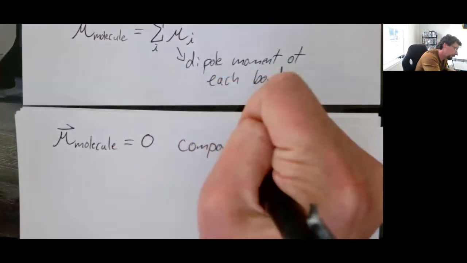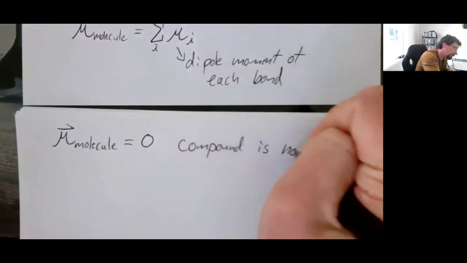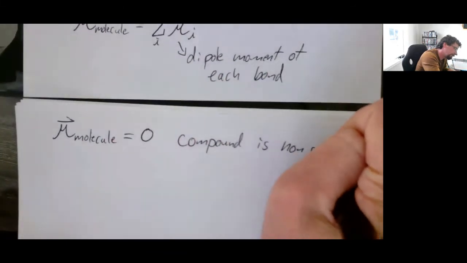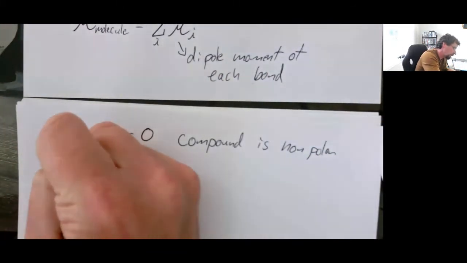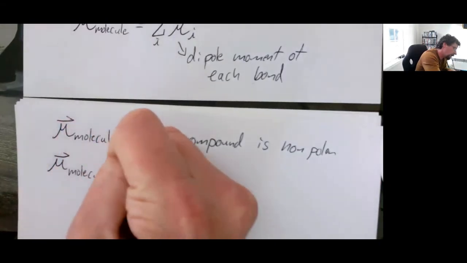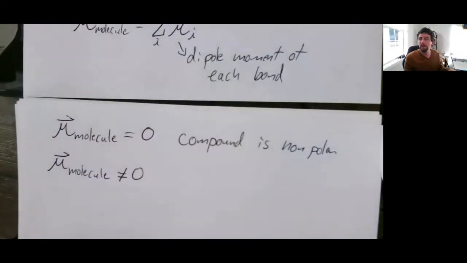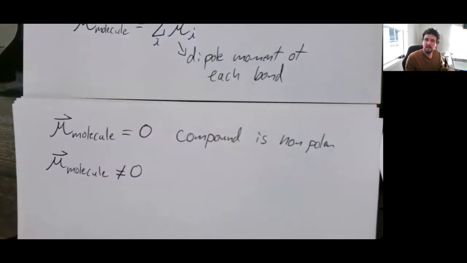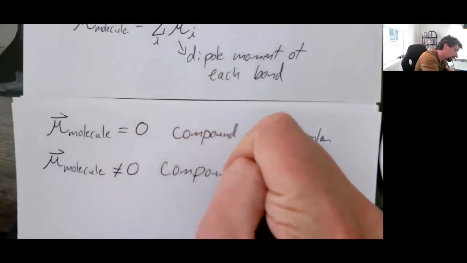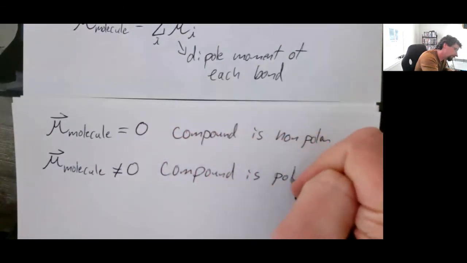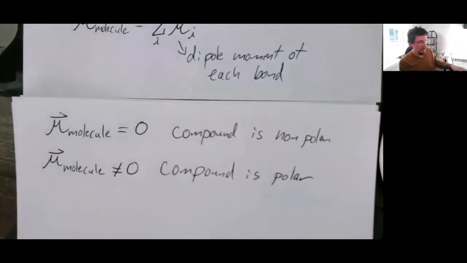And if we consider the other option, where the overall dipole moment is not 0, we consider this compound polar. And this can actually lead us to understanding different properties about a molecule.